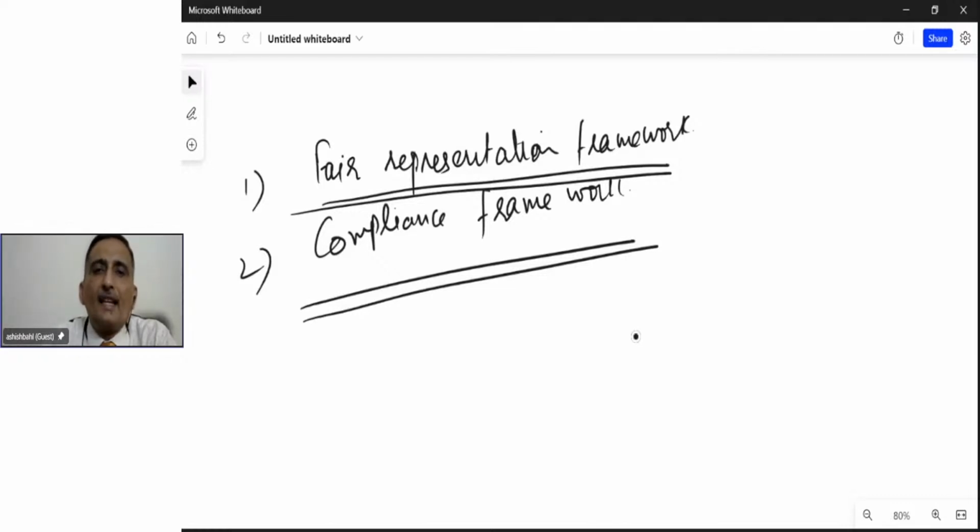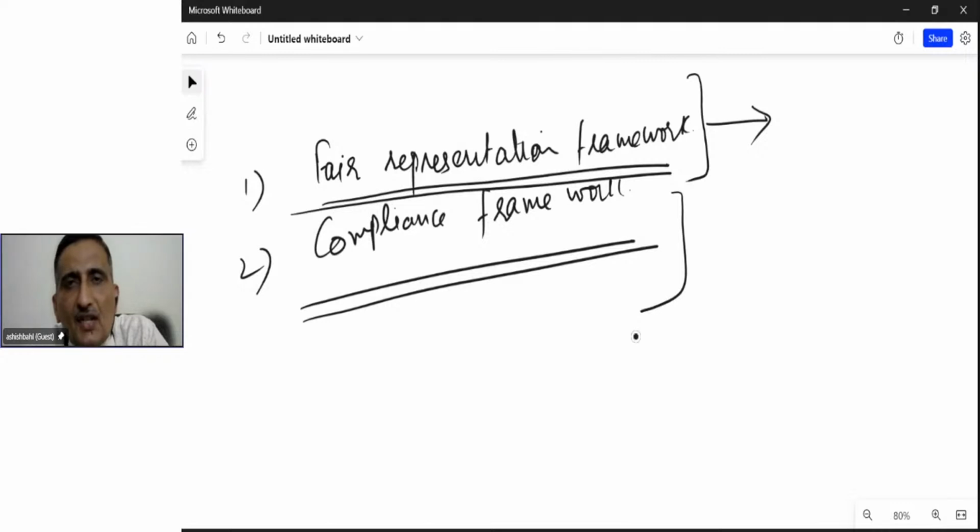So what does a fair representation framework mean? Guys, you can understand in layman's language that financial statements prepared for achieving a fair representation may have to go beyond the needs of the reporting framework. That already says some reporting framework is prescribed by law.